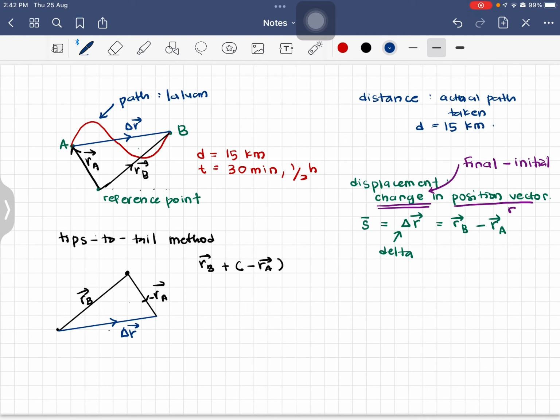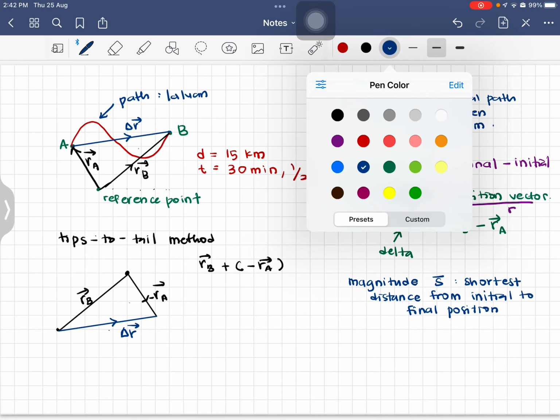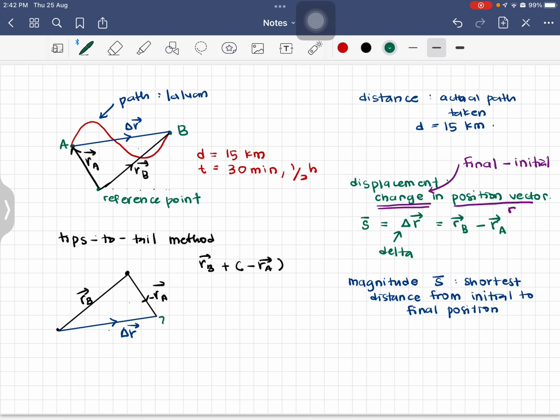Okay, the easiest way we can get the magnitude is by using the shortest distance from initial to final position. Here, from A to B. Okay, from A to B. So how did I get to the final position is I find delta RY and I find delta RX.